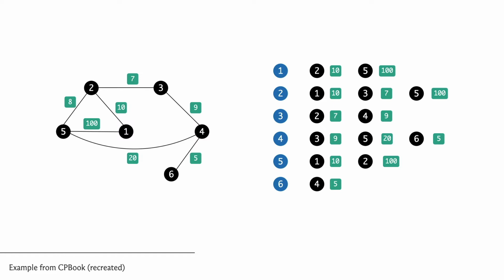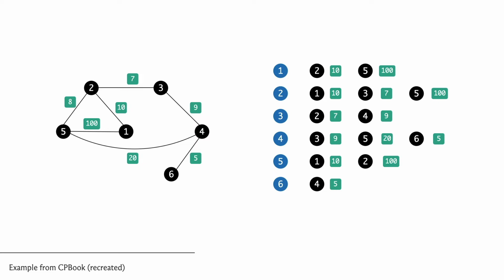So this is the adjacency list representation, and notice that the amount of space that you need is just twice the number of edges, because every edge is going to feature in exactly 2 lists corresponding to its 2 endpoints, and the amount of time that you need to enumerate all the neighbors of a vertex is now proportional to its degree, because all you have to do is walk through the list corresponding to the vertex, which is to say you're going to take time proportional to the degree of the vertex to be able to enumerate its neighbors.